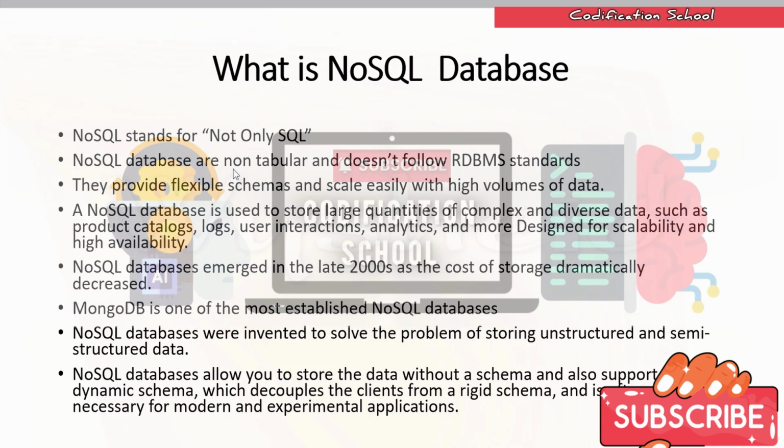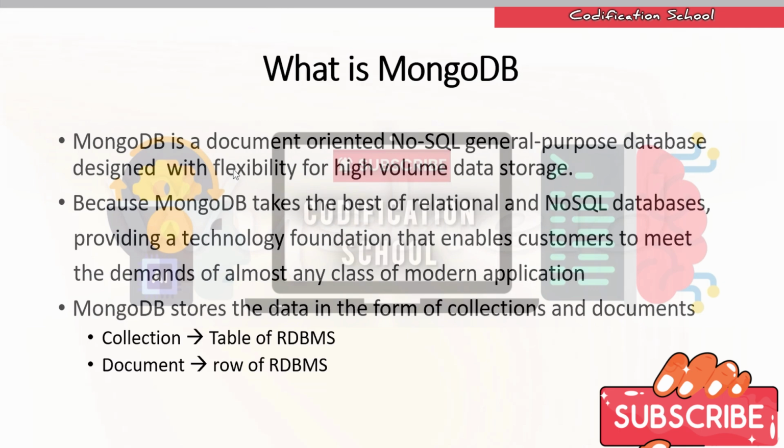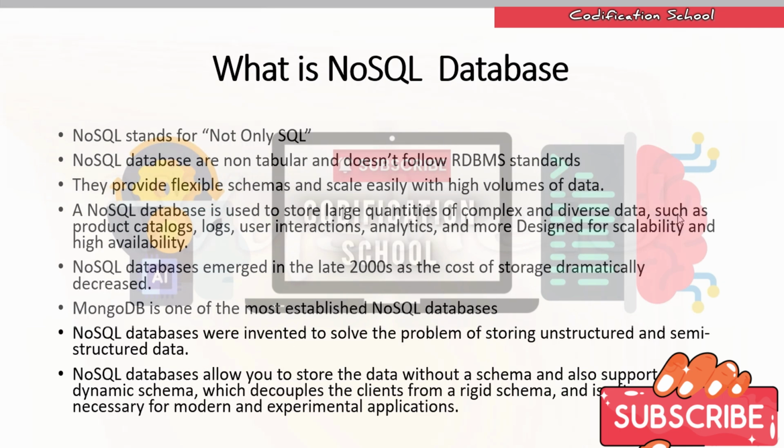If you are inserting the data through the application, obviously you will be able to maintain a standard. That's what I was telling in the previous slide: MongoDB takes the best of relational as well as NoSQL databases.